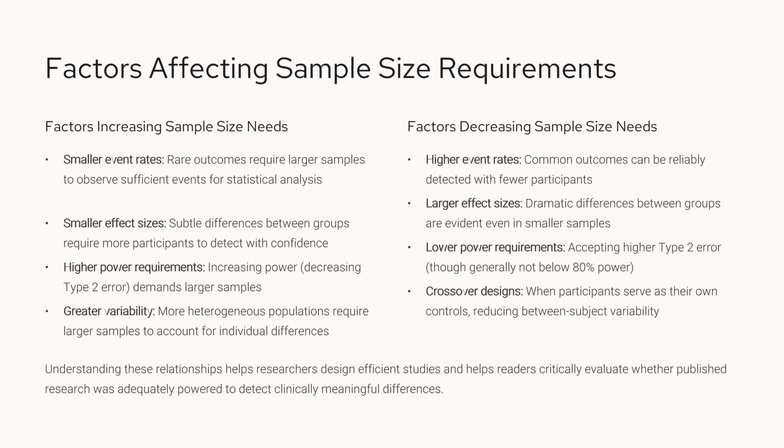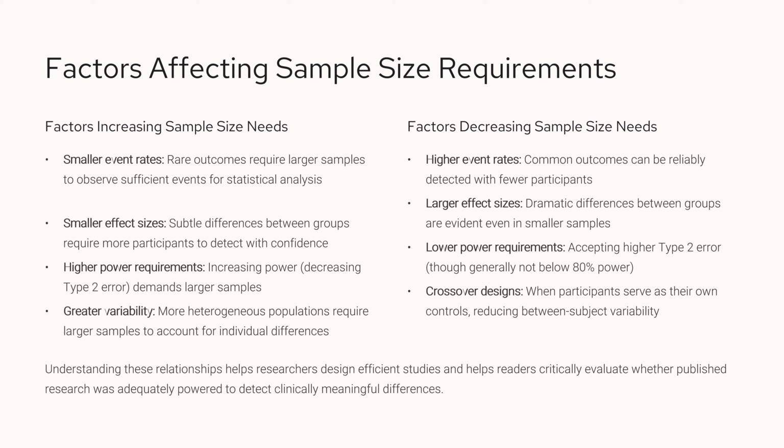If you want high power in your study, you're going to need larger sample size, and higher power decreases the type 2 error. And finally, if you have really high variability in the measurements, whatever your outcome is between the groups, maybe like blood pressure or glucose, if it's really variable in the populations you're studying, you're going to need more sample to help hone in on that variability, to find the central tendency, right? To minimize that dispersion and to actually find the true difference. So that's why you need bigger sample sizes.